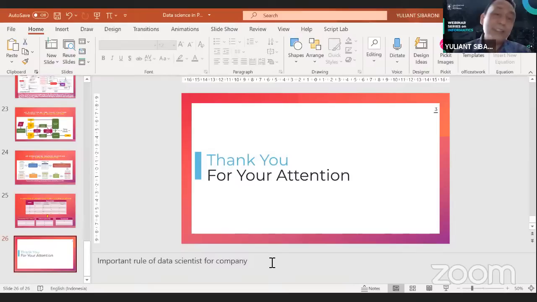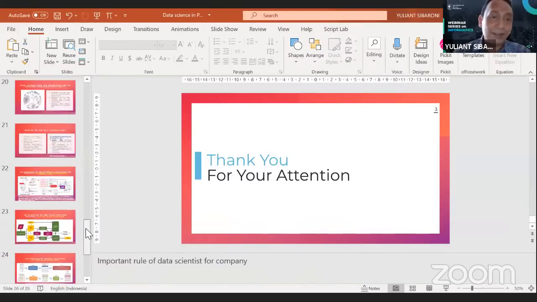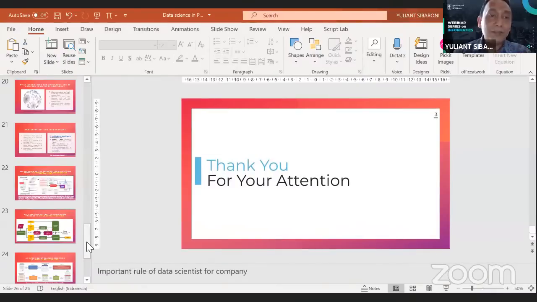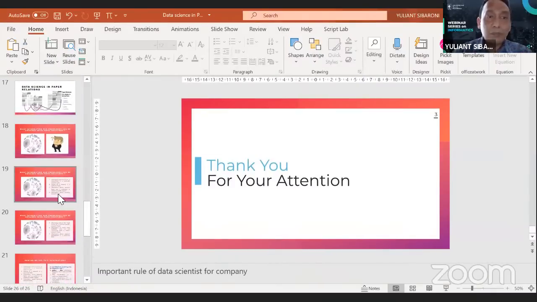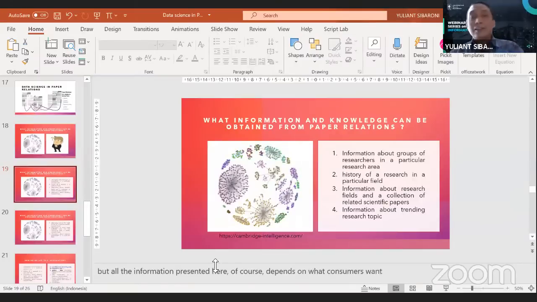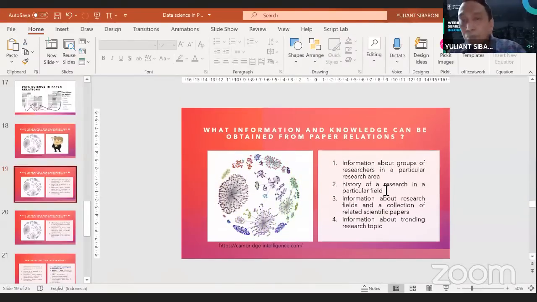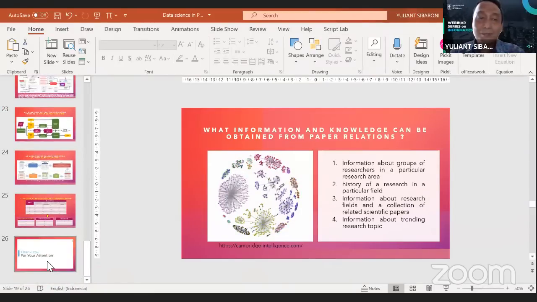But if the company clearly states what they want, like the case that I gave in this example, for example, they want the history of research in papers, we can focus on the problem that they want. I think that is my answer.